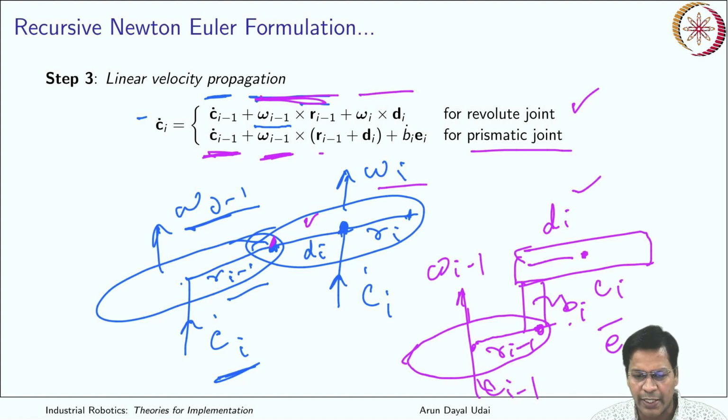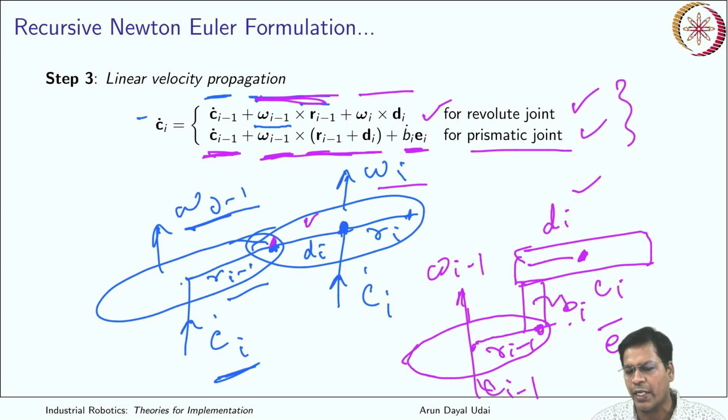So that is directly added over here, and the cross product of that will give you the linear velocity due to omega i minus 1, and the pure velocity component due to this Bi dot and Ei will also give you some velocity. So that is coming here. So total velocity is this.